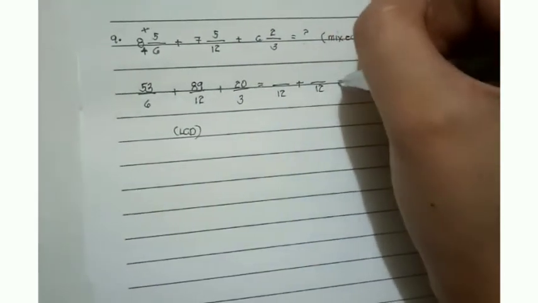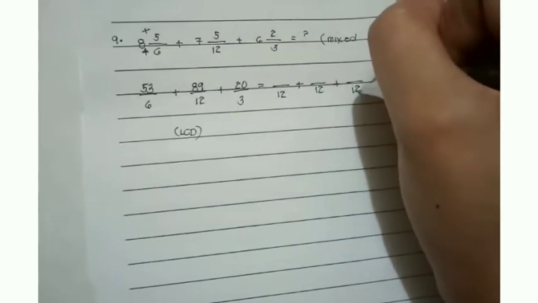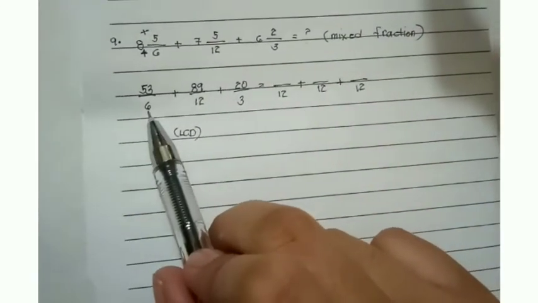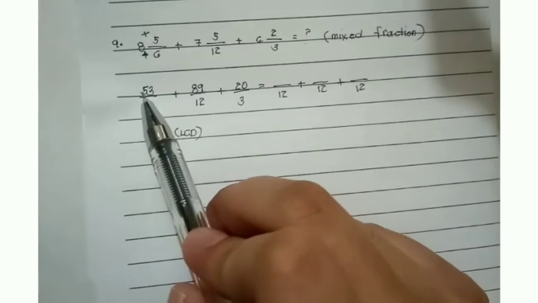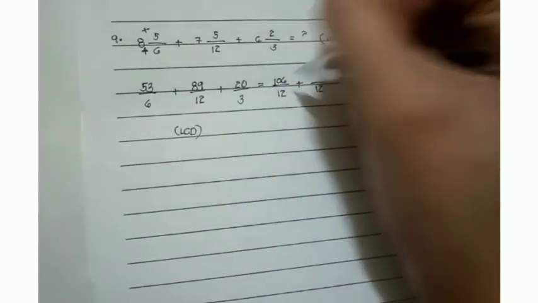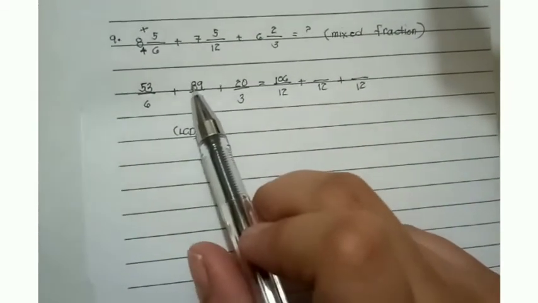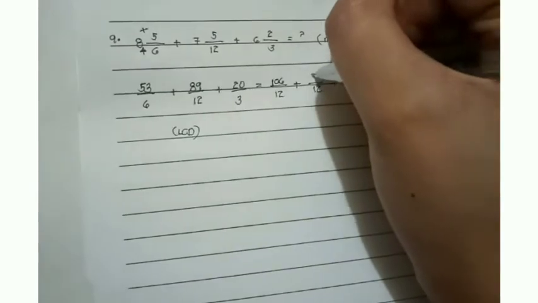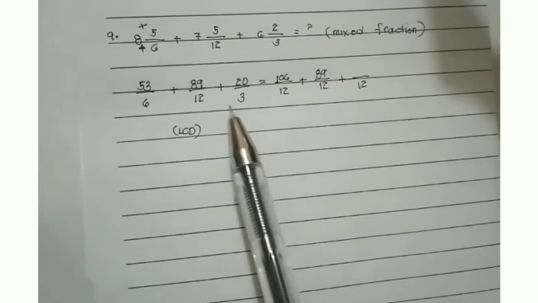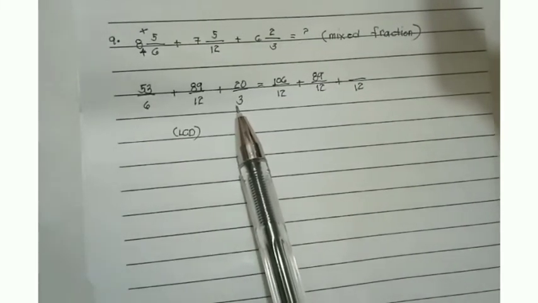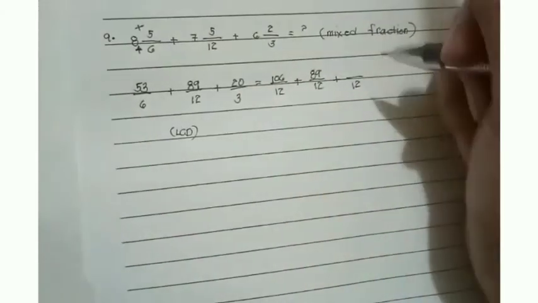So, we have 12 divided by 6 is equal to 2 times 53, we have 106. 12 divided by 12, we have 1 times 89 is equal to 89. 12 divided by 3 is equal to 4 times 20 is equal to 80.